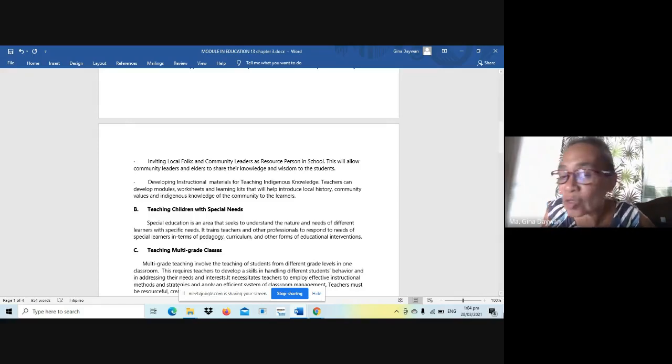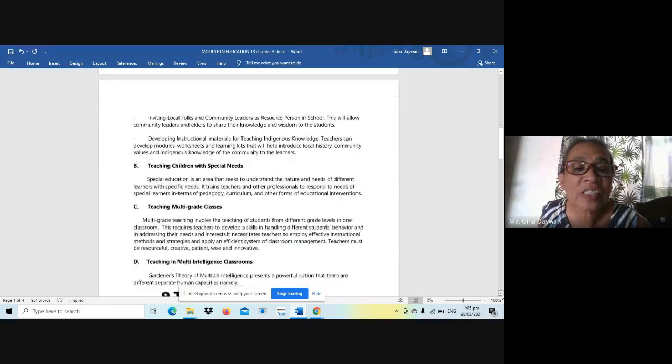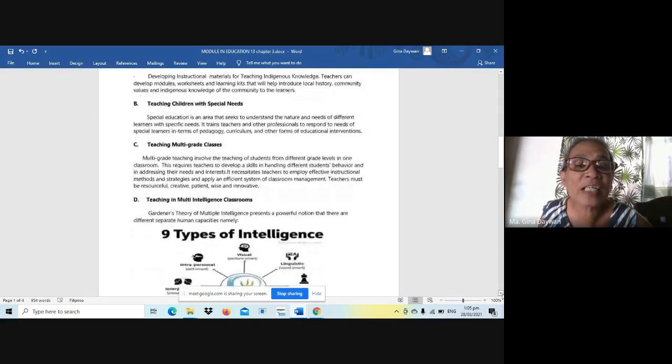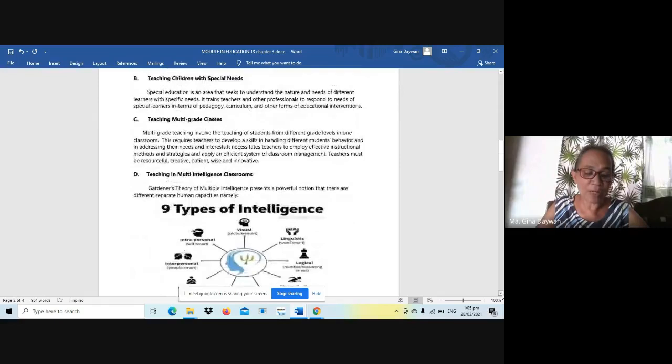Now let's go to teaching children with special needs. Now we have what you call special education, which is an area in education that seeks to understand the nature and needs of different learners with special needs.